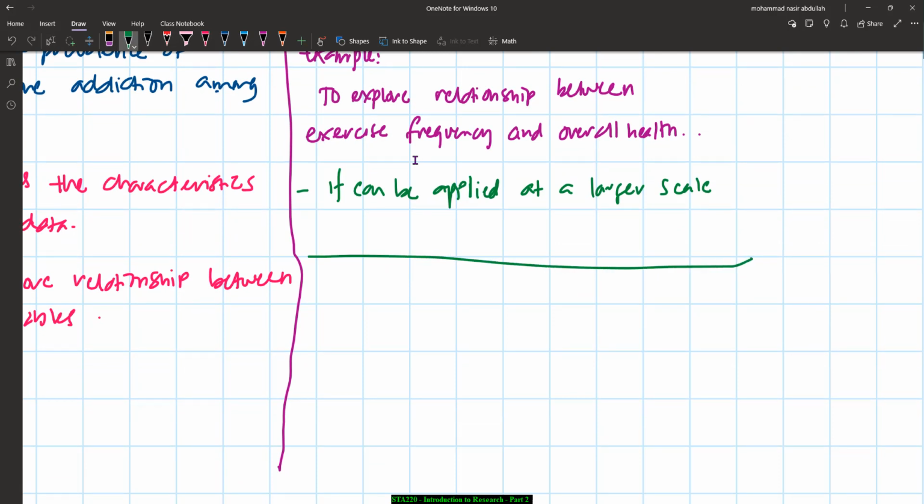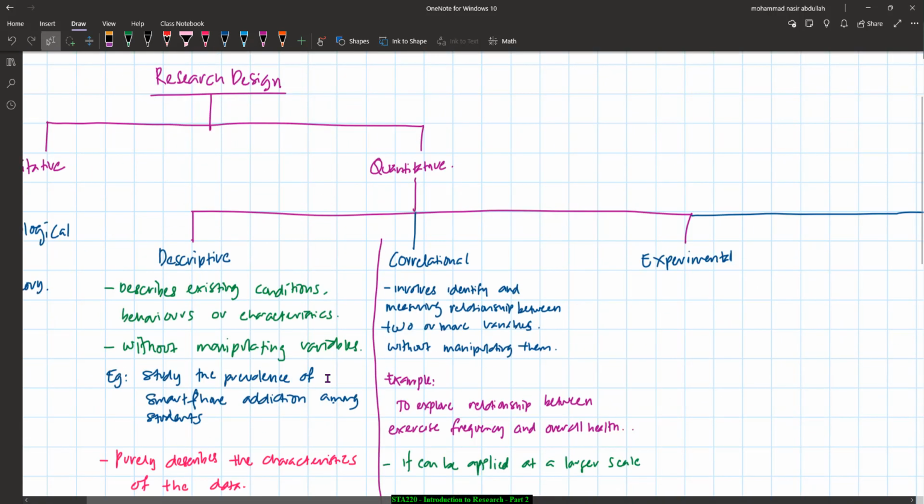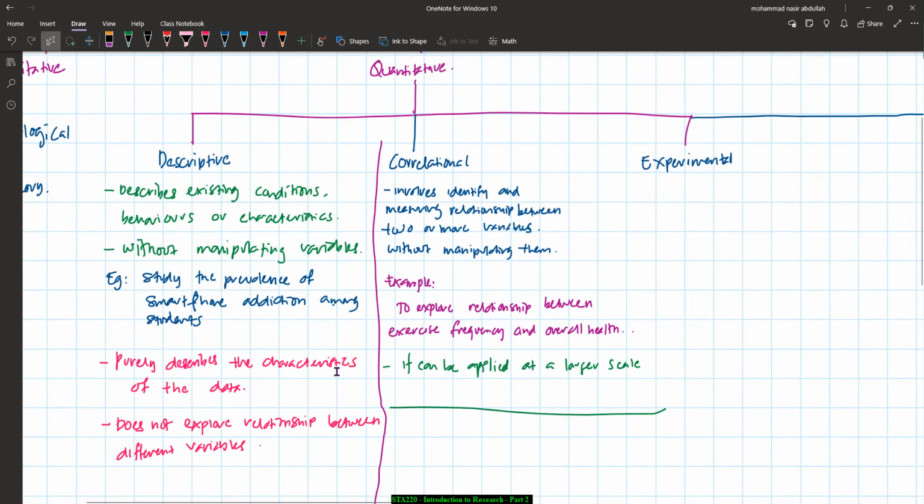So as I said just now, most of the research are combining descriptive and correlational research design together. First, we want to know what is the current condition, we want to describe the characteristic, right? And then we want to know what is the relationship, which means that we are mixing the descriptive and correlational design together, right?